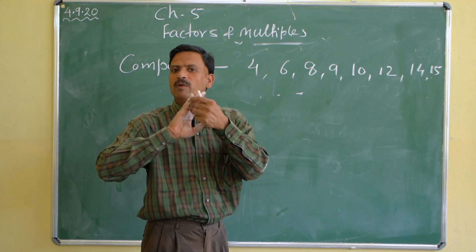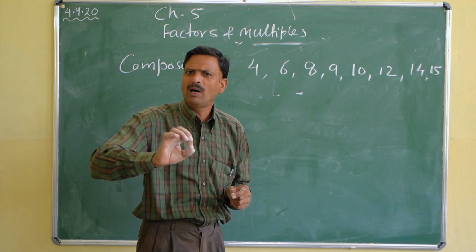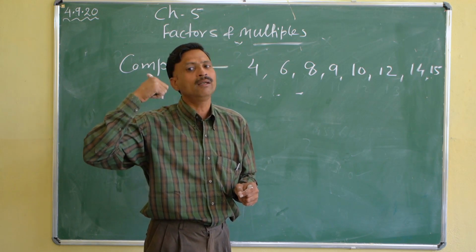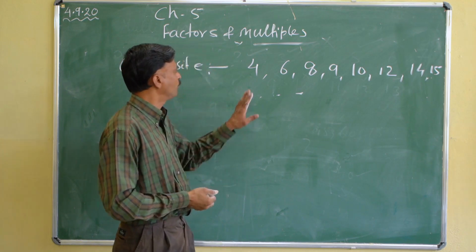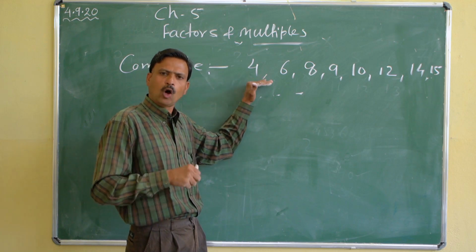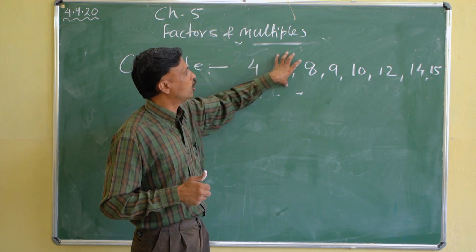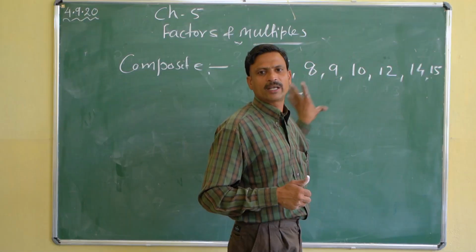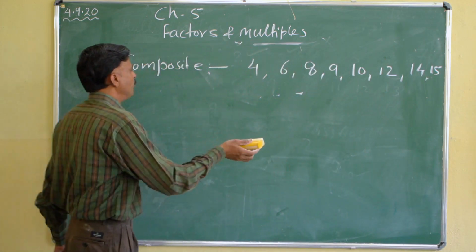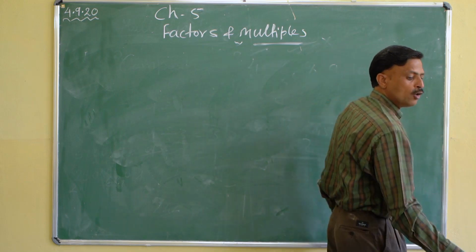But composite has more than 2 factors, meaning at least one number divides it other than 1 and itself. Like 4, 6, 8: these are all divisible by 1 and itself, but other numbers can also divide them, that's why it is called a composite number. After composite numbers, one more definition I am telling you, that is the definition of co-prime.